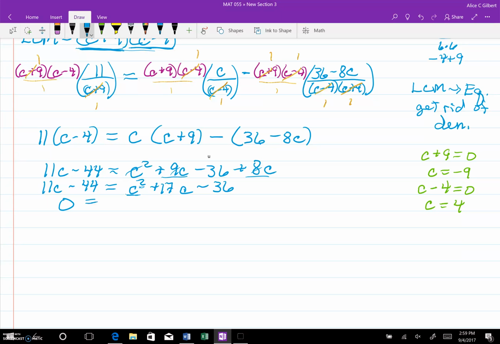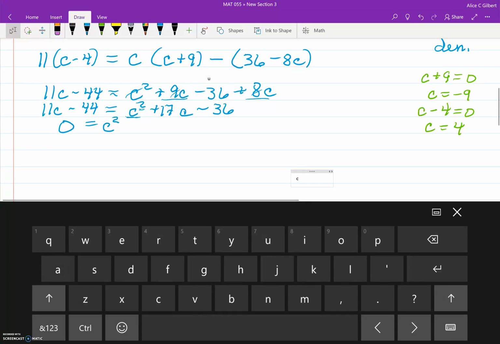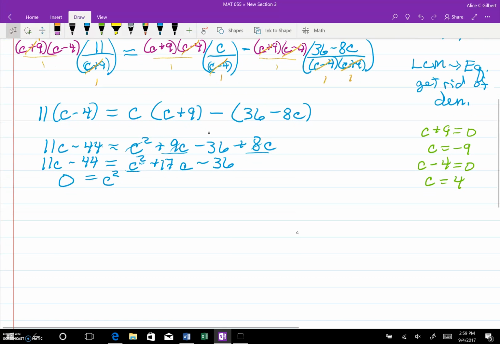So I'm going to subtract the 11c, and when I subtract it from the 17c, that gives me plus 6c, and then I'm going to add the 44 to both sides. When I add it with the negative 36, I end up with positive 8.